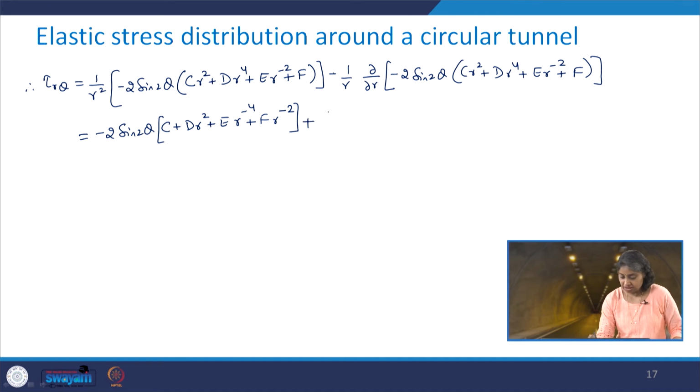So it will be 2 sine of 2 theta by r, that I take outside.